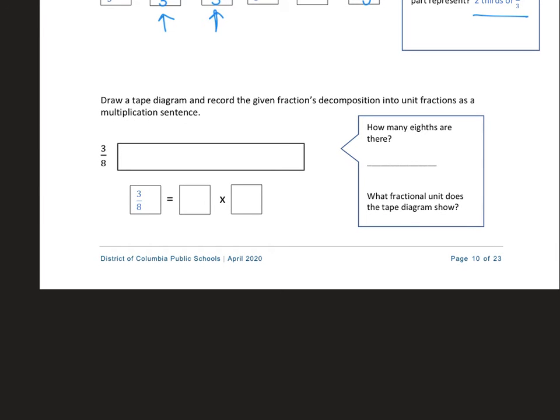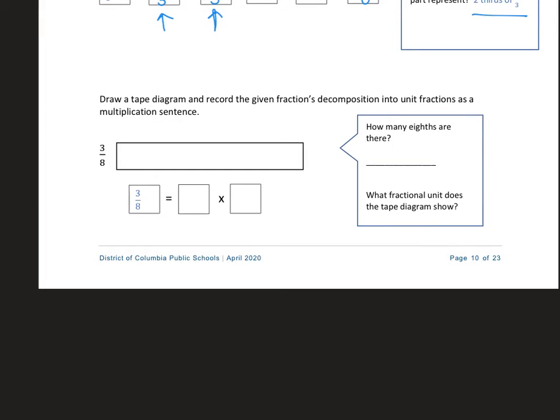Moving on down, it says draw a tape diagram and record the given fraction's decomposition into unit fractions as a multiplication sentence. All right, so I know that this says 3/8 is my fraction, so I'm going to divide this tape diagram into 8 equal pieces. Okay.